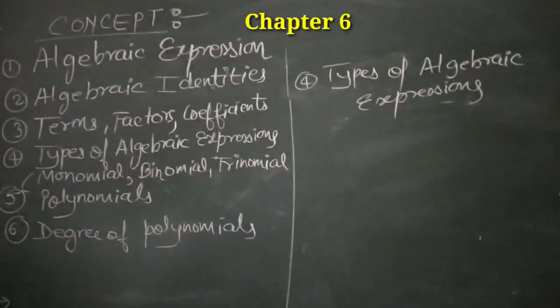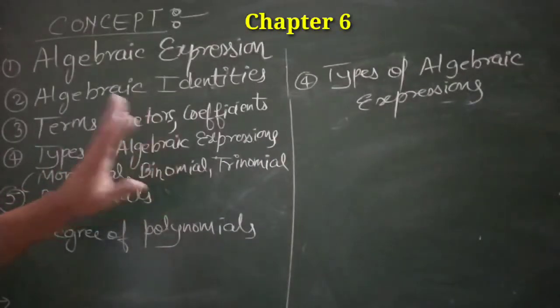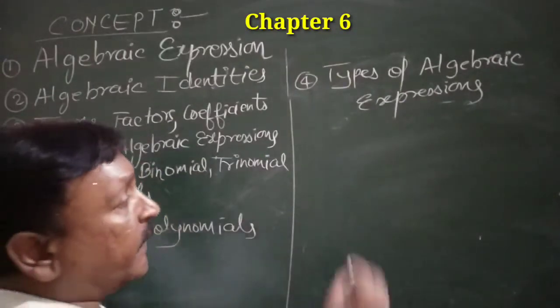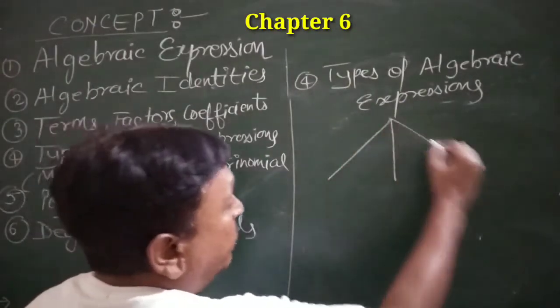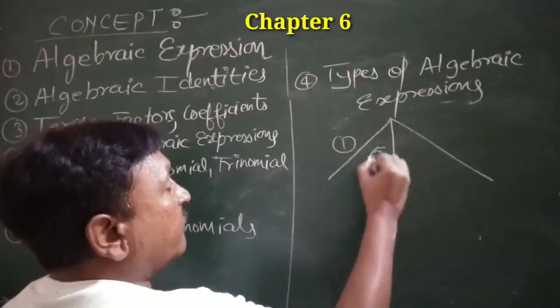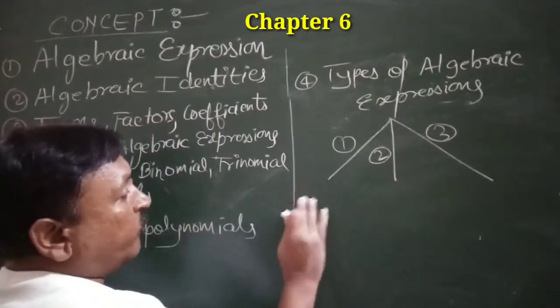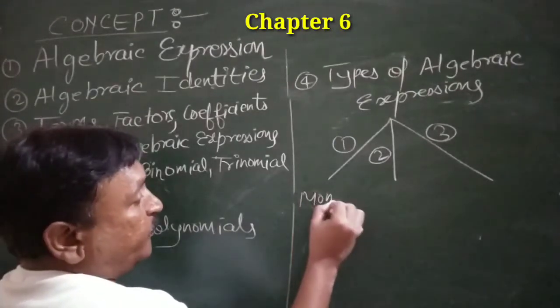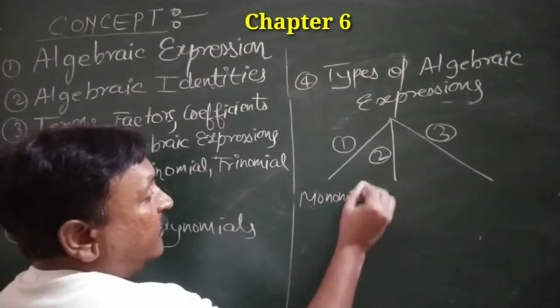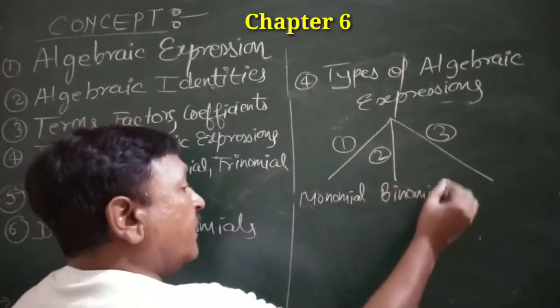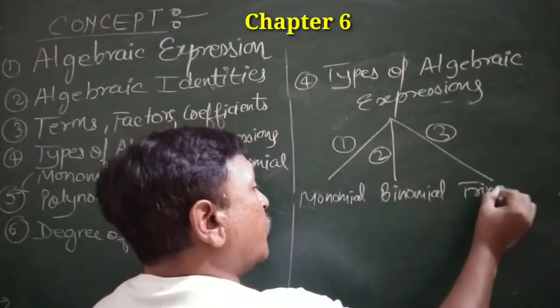Now see our next topic, topic number 4, types of algebraic expressions. Algebraic expressions are basically of 3 types. First of all we will take monomial and then binomial and then trinomial.